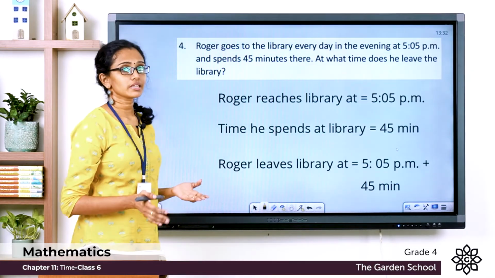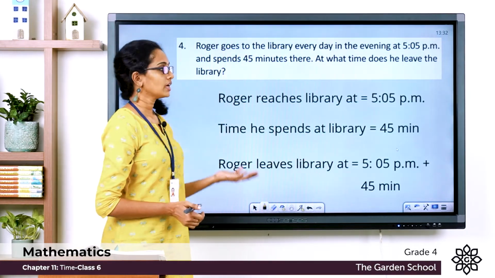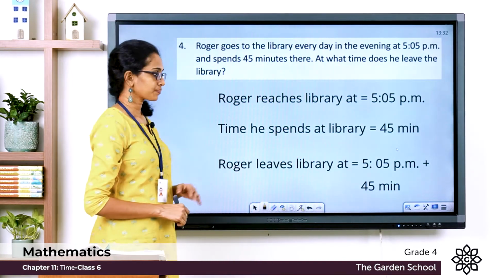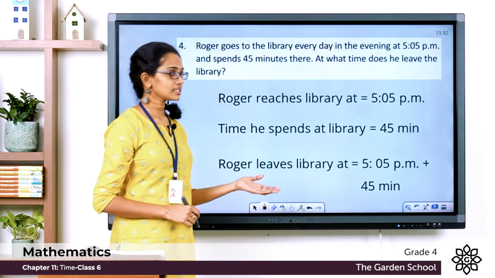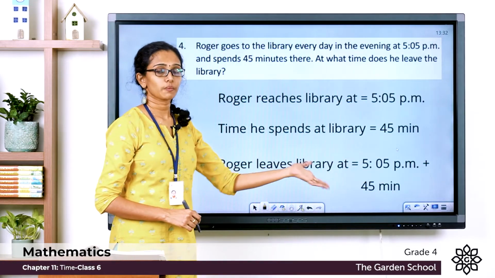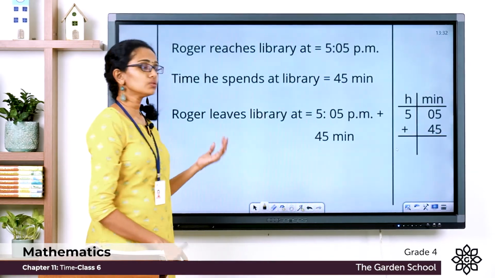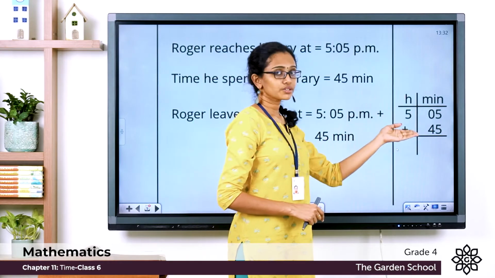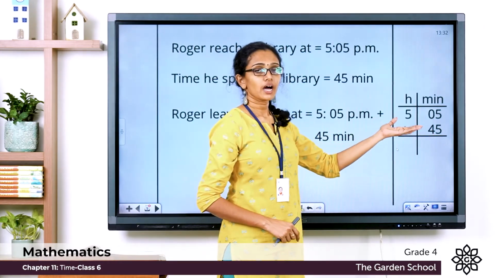So, let's see the steps. Roger reaches the library at 5 p.m. and the time he spends at the library is equal to 45 minutes. So, Roger leaves the library at 5 p.m. plus the 45 minutes that he spends there. So, that is equal to, let's do the addition in the working column. So, we have the hours column and the minutes column. 5 hours, 5 minutes.